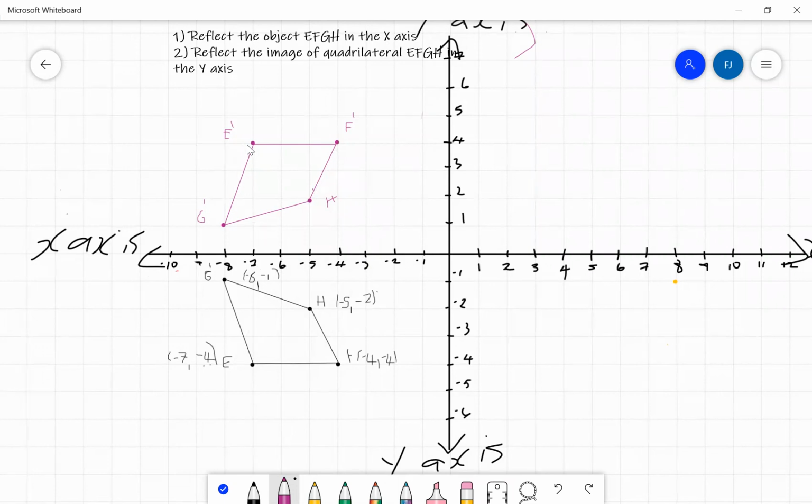Point E prime can be seen to be -7, 4. Point F prime can be seen to be -4, 4.